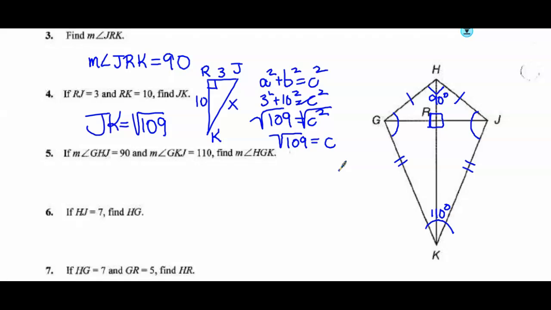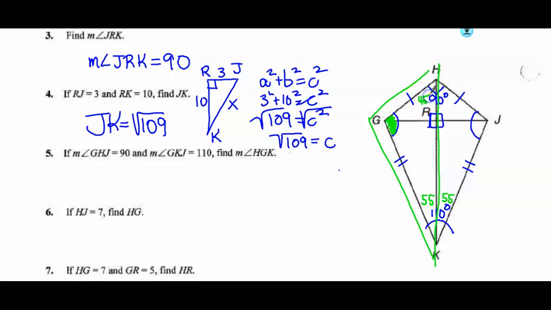And let me grab green. HGK is right in here. So you need to recall that when you have a kite, you have two congruent triangles, which means when you have that, the angles are bisected. So 110 down at the bottom, we're going to have 55 here and 55 here because they have to be the same.